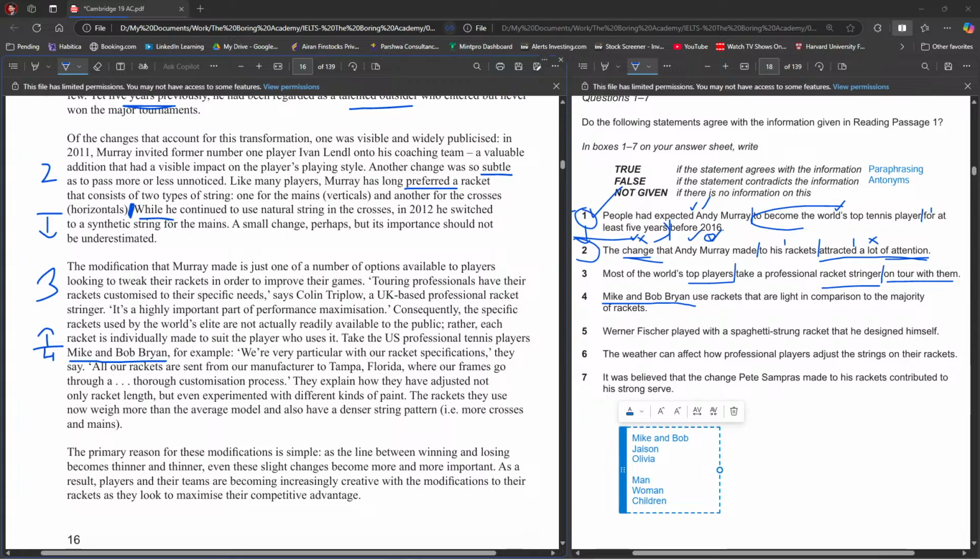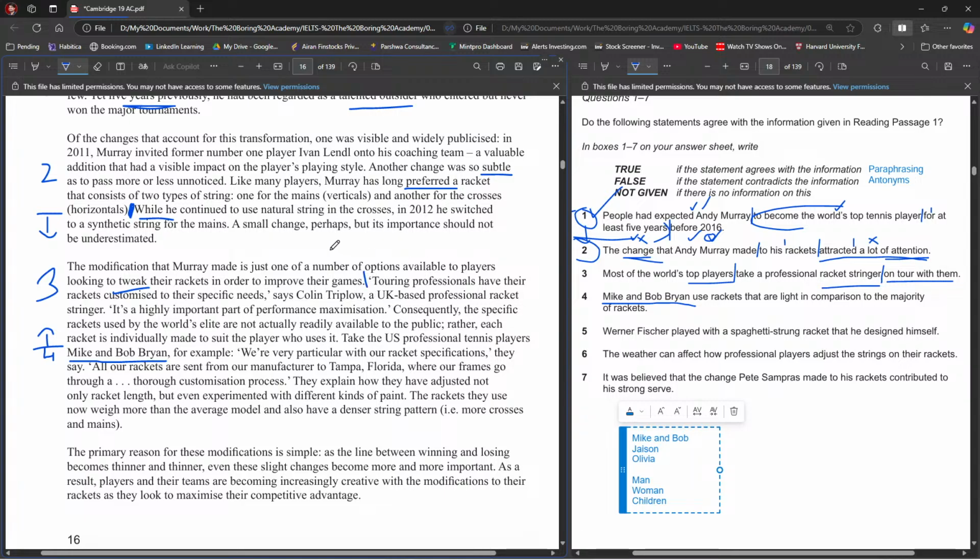The modification that Murray made is just one of a number of options available to players looking to tweak their racket in order to improve their game. Tweak means to modify.